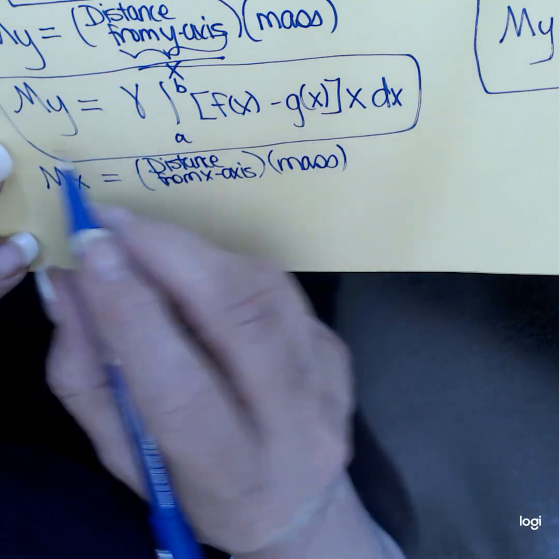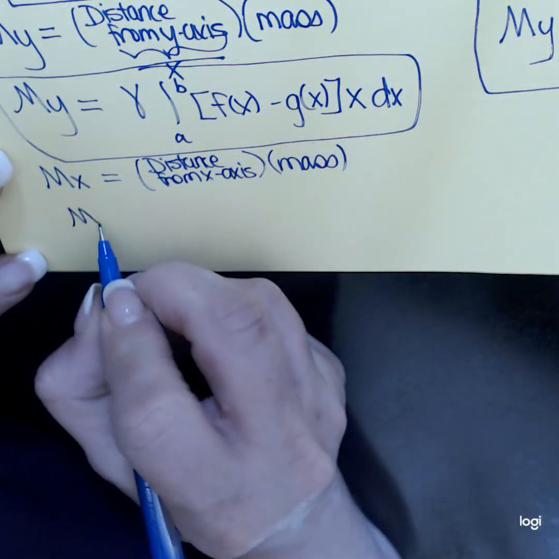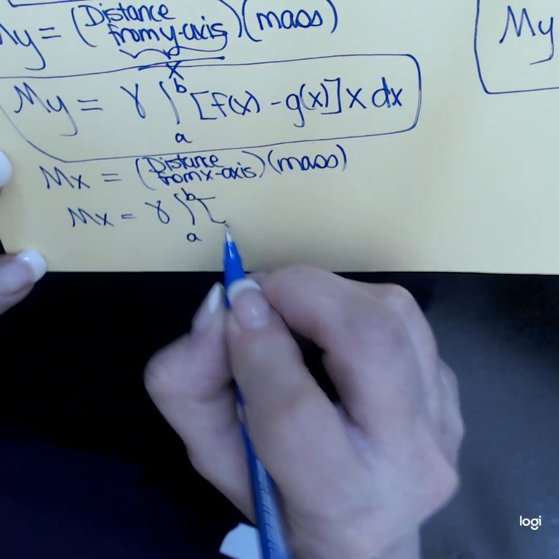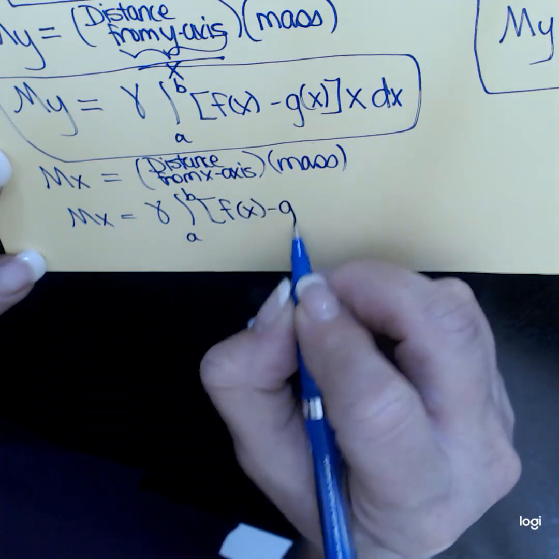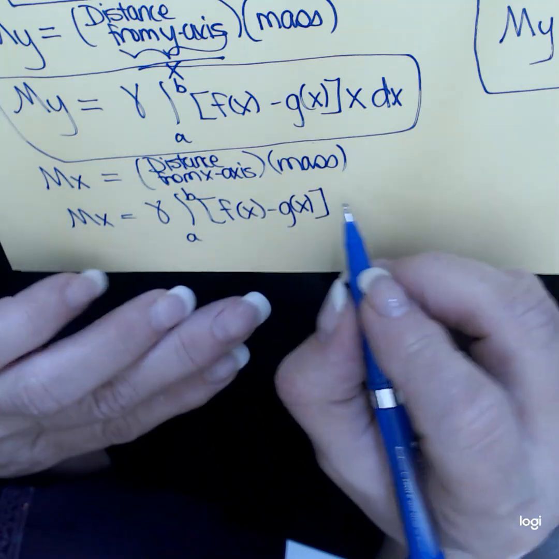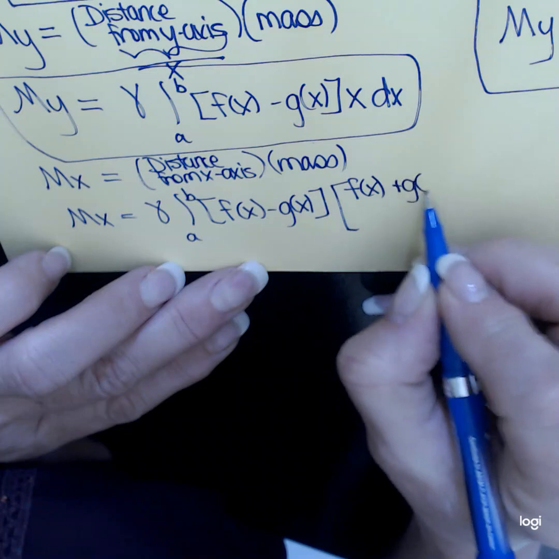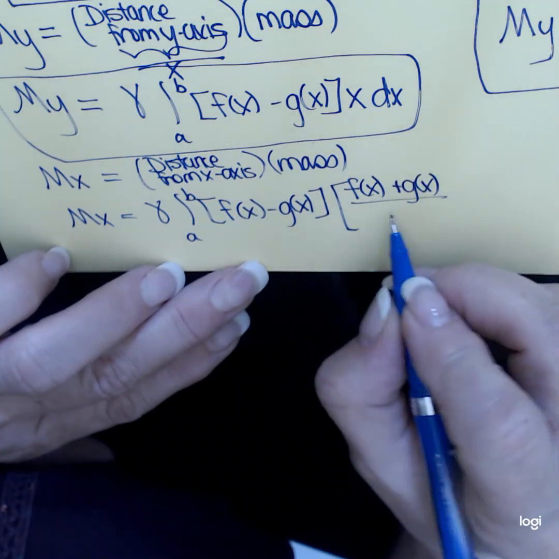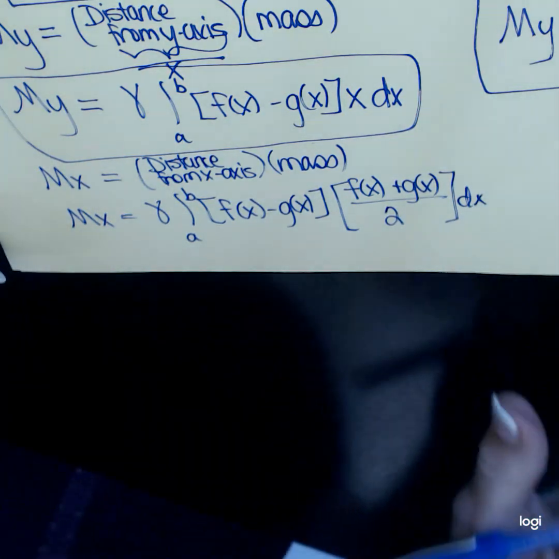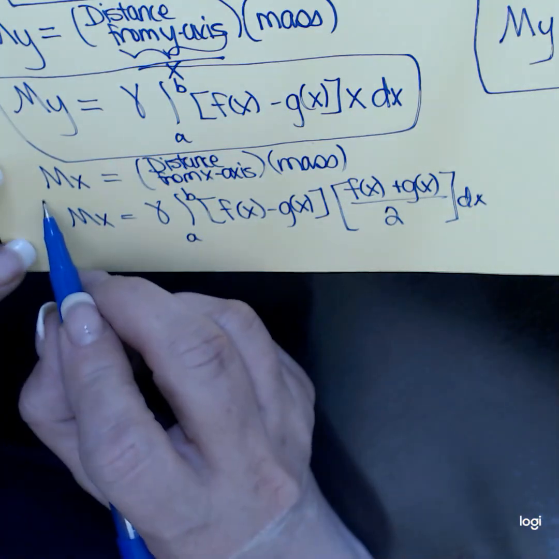So instead of just taking the mass and multiplying it times y, the moment about the x-axis became lambda times the integral from a to b of f of x minus g of x, which was your area, times instead of y, we had to use the average of f of x and g of x, which looks like f of x plus g of x divided by 2 dx. And again, the reason behind that was because we could not put the y into a dx integration.